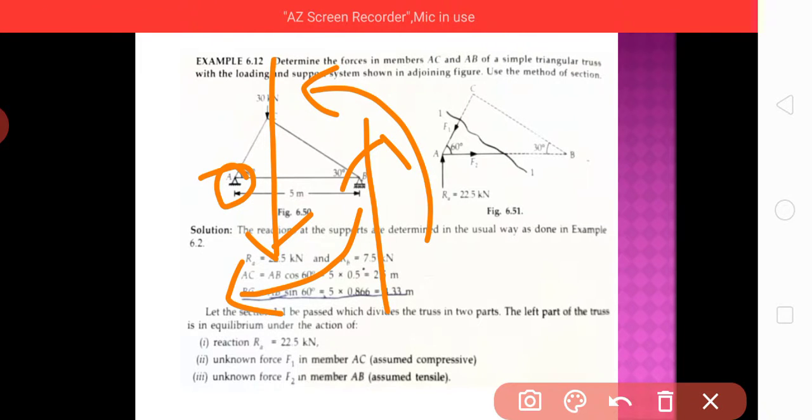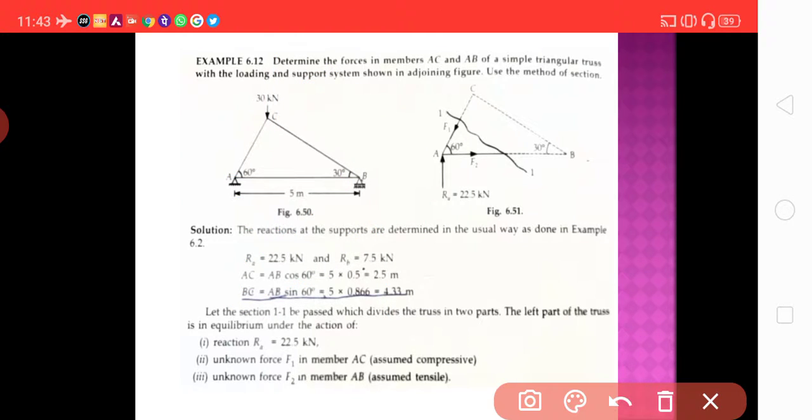Taking moment about A, we can say 1.25 into 30 equals RB into 5, and then you can find out RB, which comes out to be 7.5. Then just subtract 7.5 from 30 kilonewton, and you find the reaction at A, that is 22.5 kilonewton. Now let this section be cut by an imaginary line 1-1.